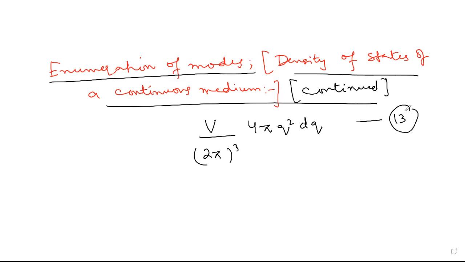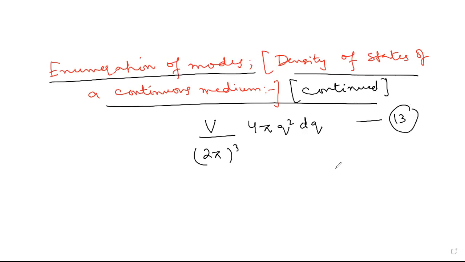This is the third one pertaining to this topic, density of states of a continuous medium. Then I lost my internet connection and couldn't complete it in that lecture. Hopefully in this lecture, we will conclude this topic.